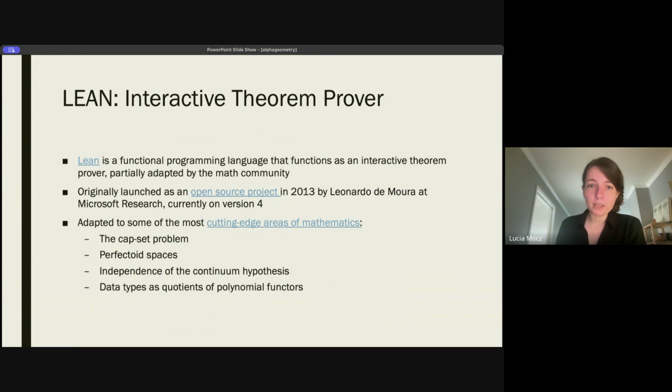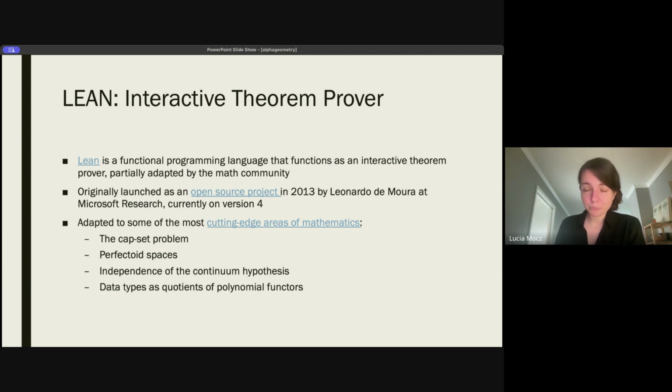It's ongoing work. It started in 2013, and it's now on version 4, and it's an open source project. There's a whole community, and you can contribute to it. It has been adapted to many areas of mathematics, unfortunately not classical geometry, but many areas, including some very cutting edge ones, such as the capsid problem, perfectoid spaces, and so forth.